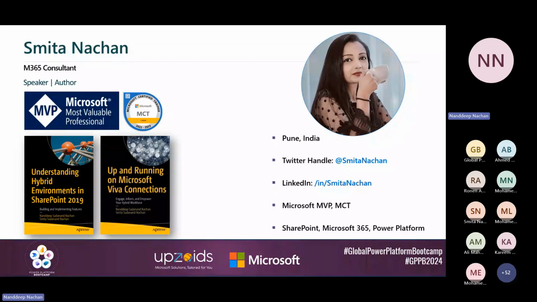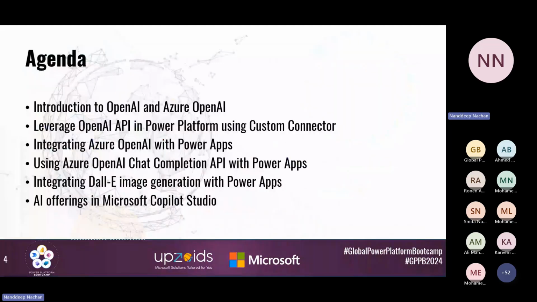All right, so this is the agenda that we are going to cover in today's session. We will have a quick introduction to OpenAI as well as Azure OpenAI, and then we will deep dive into how we can leverage the OpenAI APIs in the Power Platform using something called a custom connector.